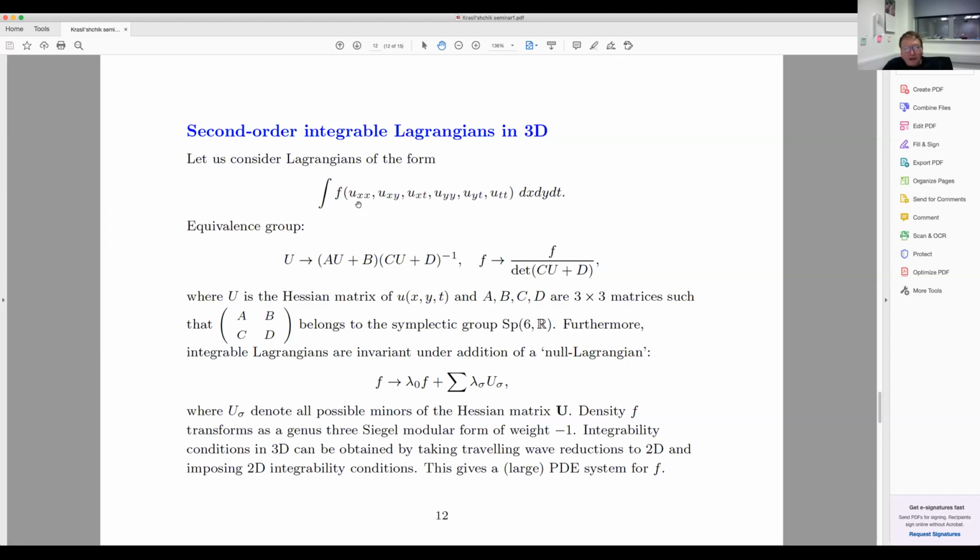But here in 3D, the class of Lagrangian densities of this form, integrable densities, is far more narrow. And they in fact form a finite parameter space, right? And so there is a hope to more or less classify all of them in some sense, because this group becomes more or less sufficient. It acts transitively on the solution space. So it's a completely different story.